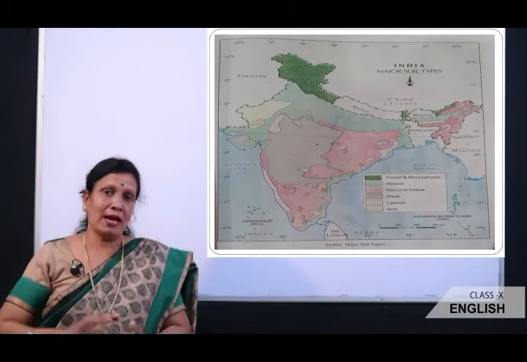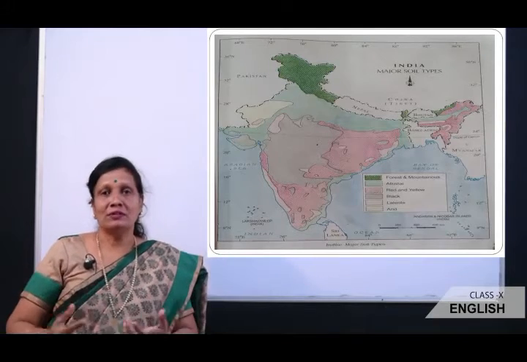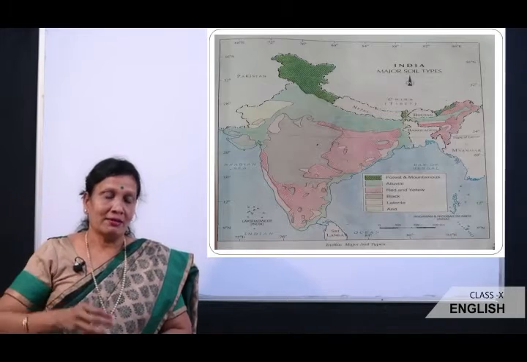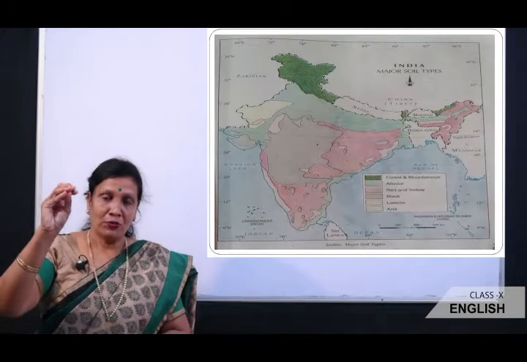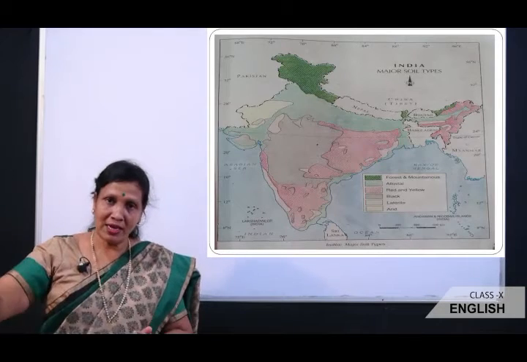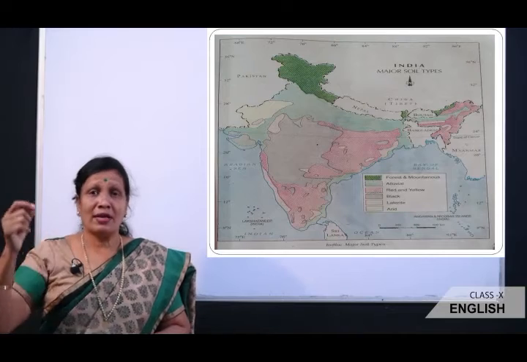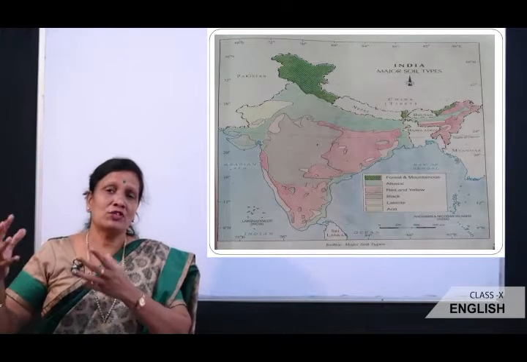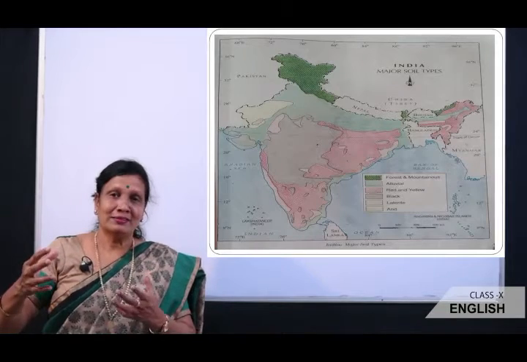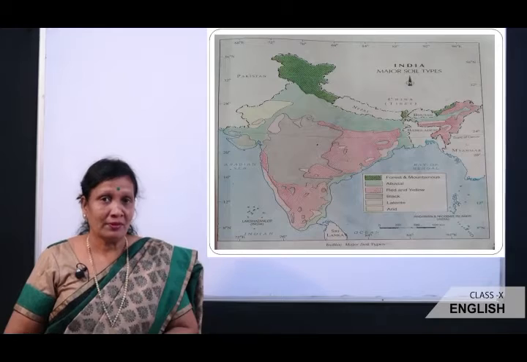Look at this map in your social science textbook, and to practice the map type question for writing an analytical paragraph, study this map very carefully, and then you can give the heading soil types in India. And then you write, India is very rich in natural resources, and it is an agricultural nation.